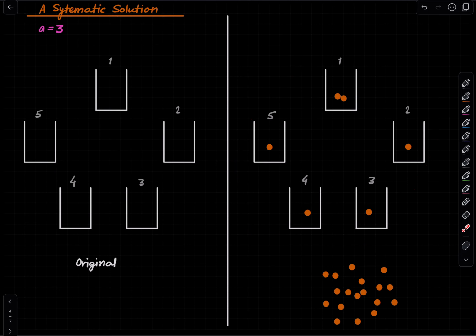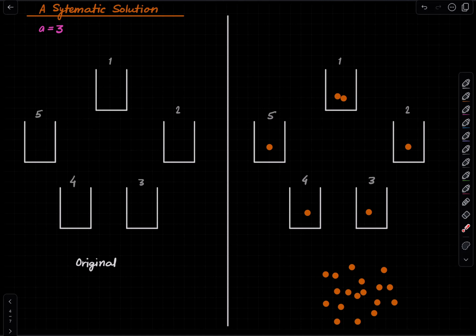If you can increment the number of balls in your chosen bin by 1 count relative to the others, it is as good as being able to choose 1 bin and add 1 ball to it. So I hope you understand that this solves at least the simple case of n equals 5 and a equals 3. This shows that you can equalize no matter what the original configuration of balls in each bin is.